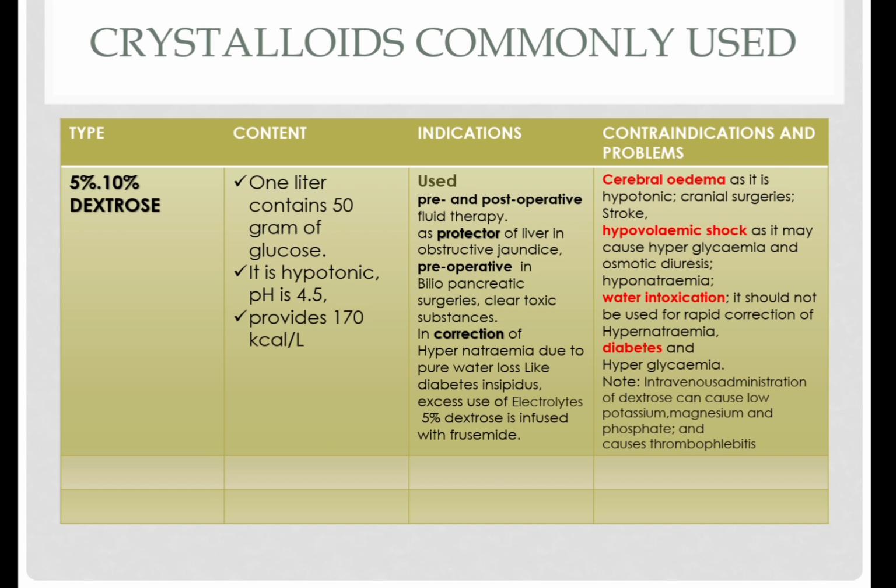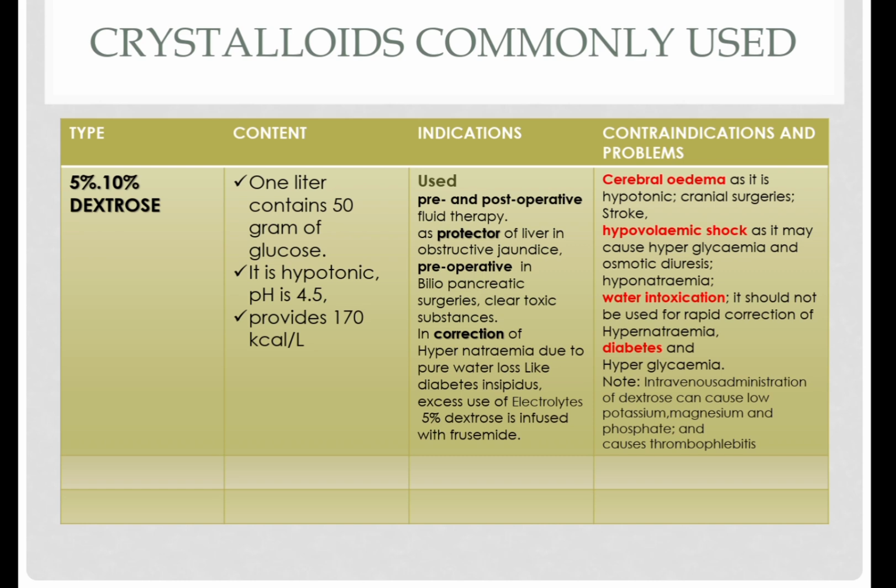So what are the indications of this 5% or 10% dextrose water? Pre and post operative fluid therapy, as a protector of the liver in obstructive jaundice, pre-operative in biliopancreatic surgery. It clears toxic substances, and in the correction of hypernatremia due to pure water loss like diabetes insipidus and excess use of electrolyte. 5% dextrose is infused with furosemide. So these are the indications.